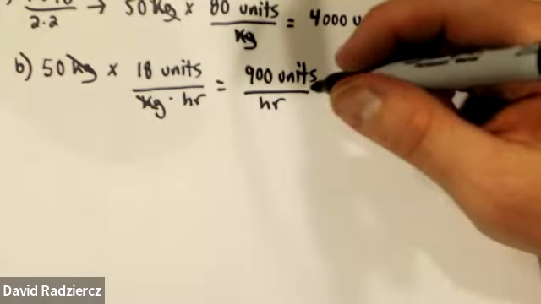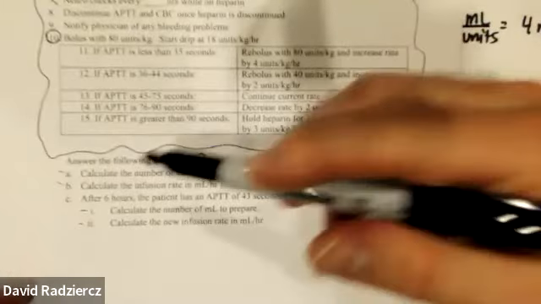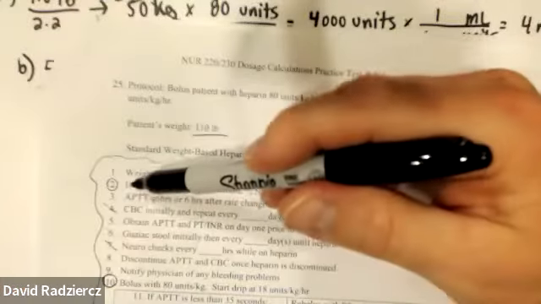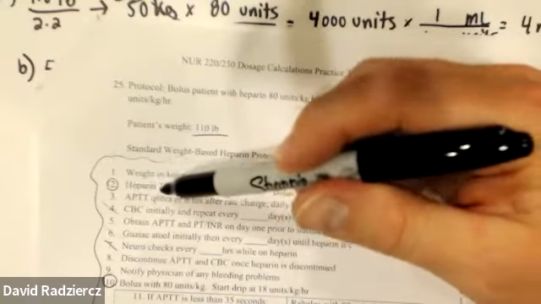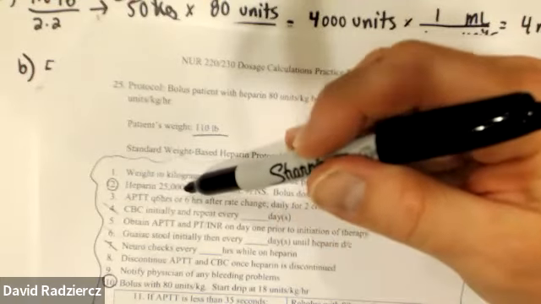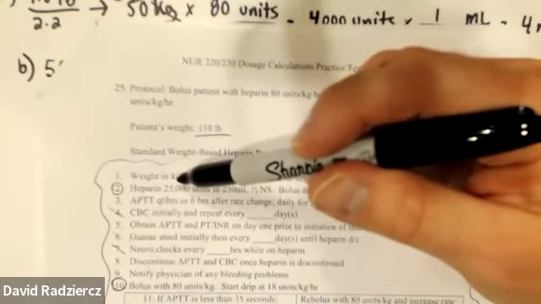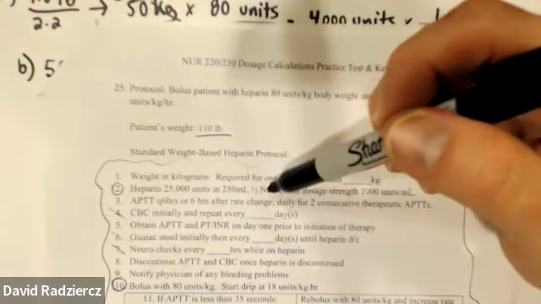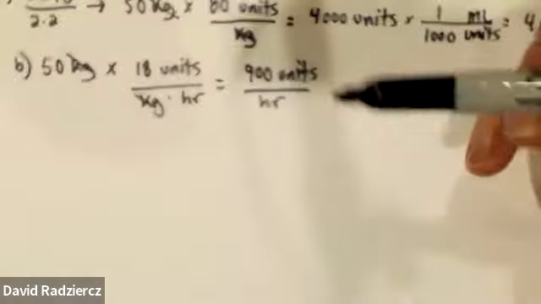Then, as it says here, we want to know the infusion rate in milliliters per hour, not units per hour. We're going to go back to step 2 of the protocol where we look at what do we have them already hooked up to, what's in the IV. It's 25,000 units of heparin in 250 milliliters, half normal saline.